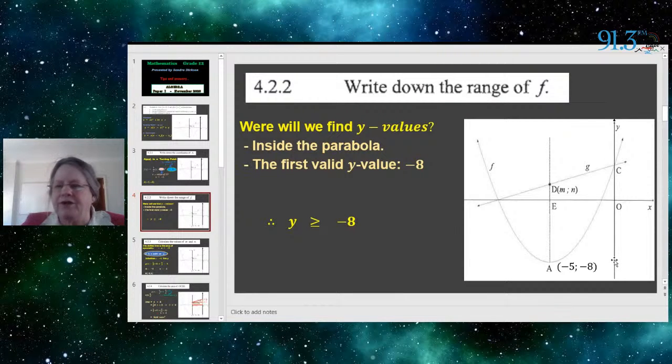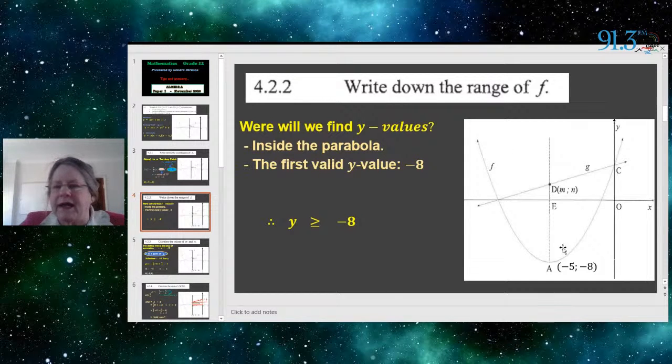Now, a simple way to visually do it is by drawing imaginary lines from your graph to the y-axis. And if we can do from the graph to the y-axis, from the graph to the y-axis, I trust you see what I'm doing, from the graph to the y-axis.